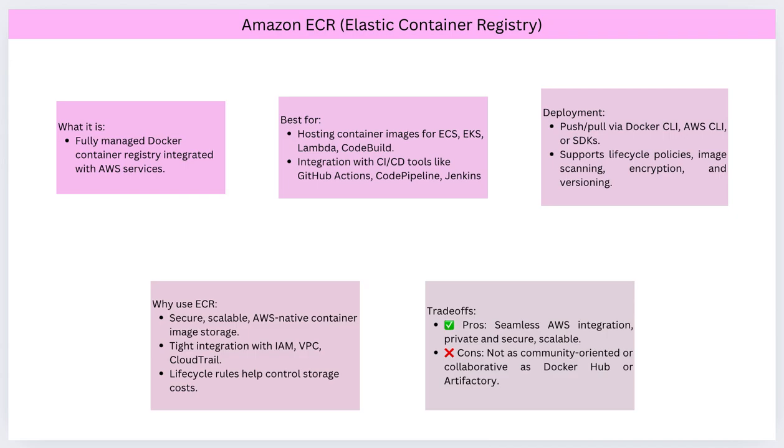Finally, let's talk about the backbone of all this, Amazon ECR. ECR is where you store and manage your Docker images. It's secure, private, and deeply integrated with AWS IAM, VPCs, and CI/CD pipelines.